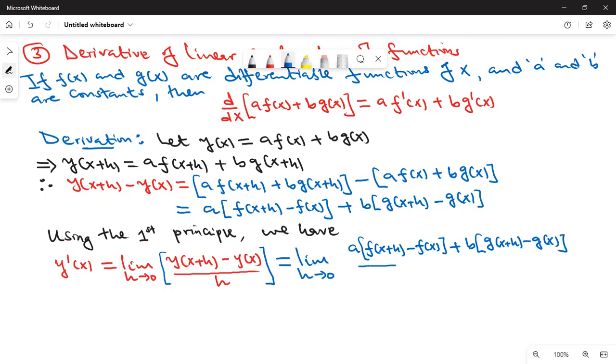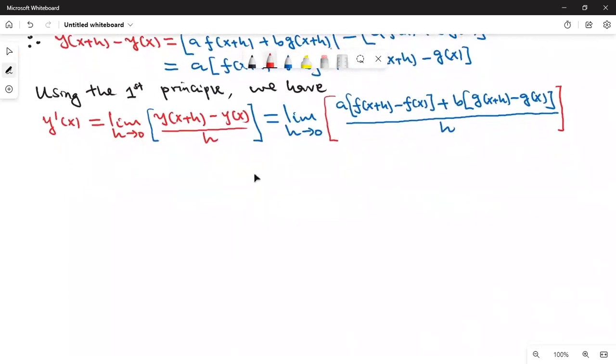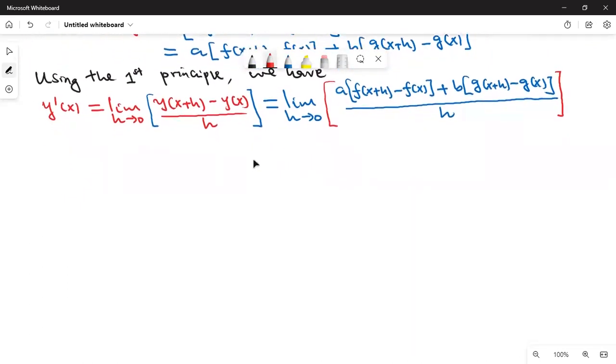And the whole of this is divided by h. So, you know the properties of evaluating limits, that limits you can distribute to each of those functions. I want to split this into two parts because it applies the property of limits.